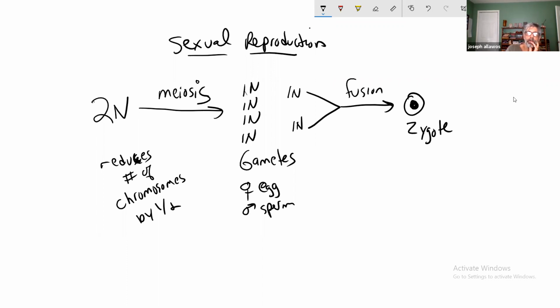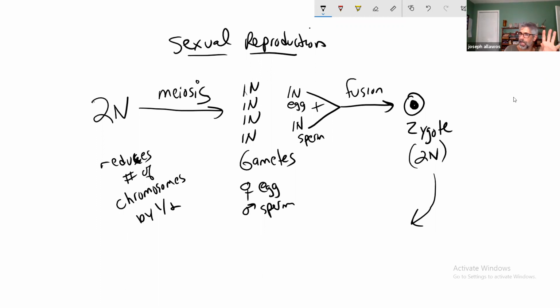Well, maybe this is the egg from your mama and the sperm from your daddy, 1 plus 1 is 2. This restores the diploid condition in the organism. Every time you go around, okay, and so then there's this one diploid cell, this first cell of the next generation of the organism is called the zygote.